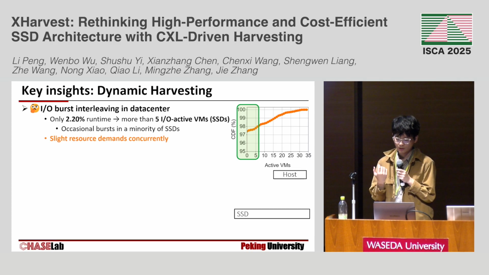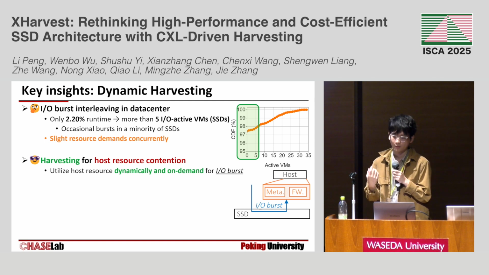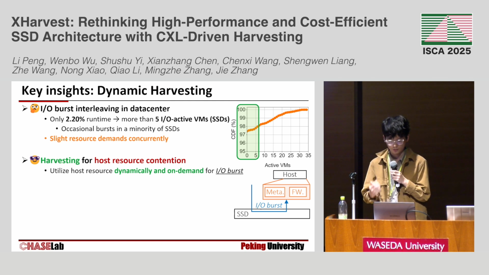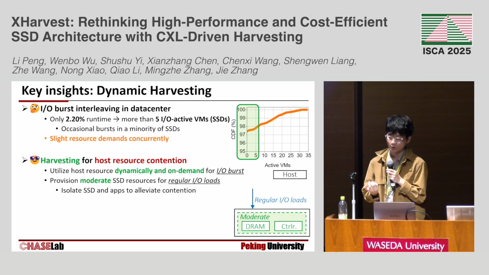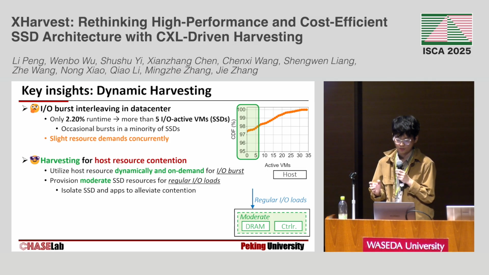Such burst interleaving implies slight resource demands concurrently. Therefore, we can utilize host resources dynamically and on demand for I/O burst, known as host resource harvesting. We'll provision moderate SSD internal resources for regular I/O loads to isolate the SSD and the user applications.